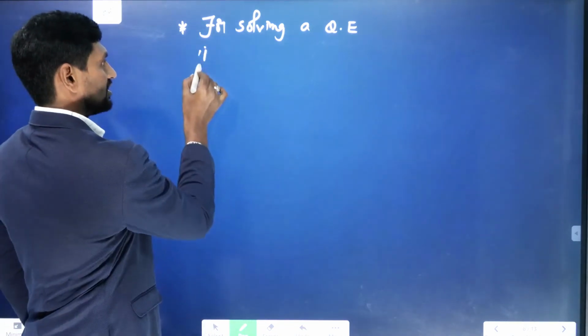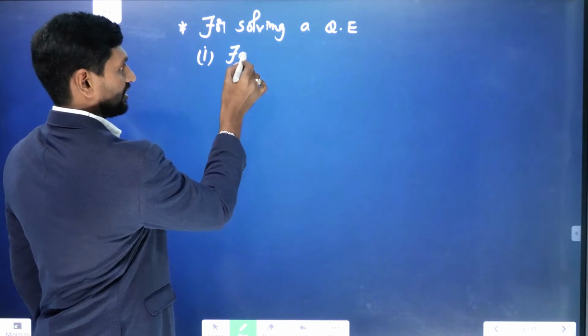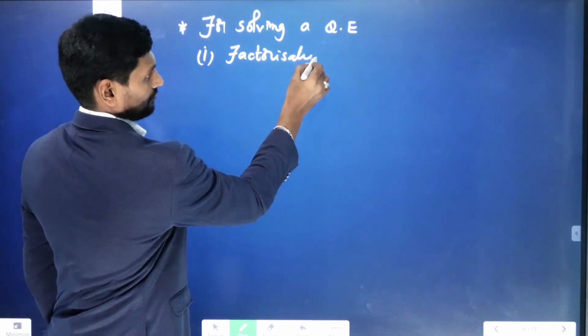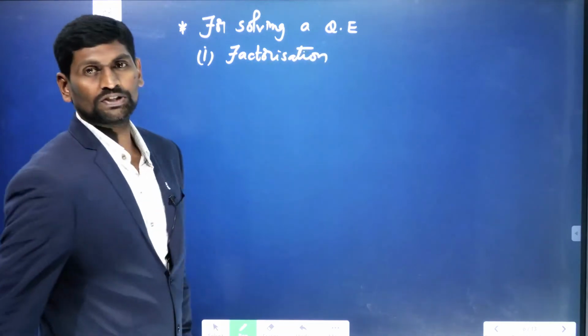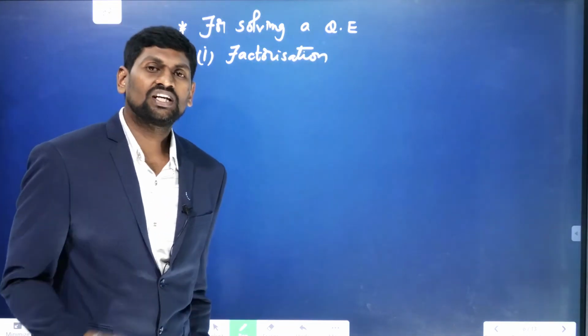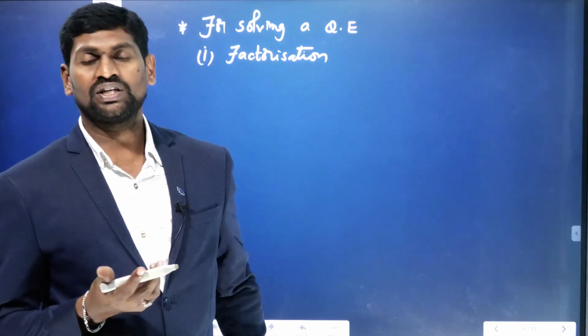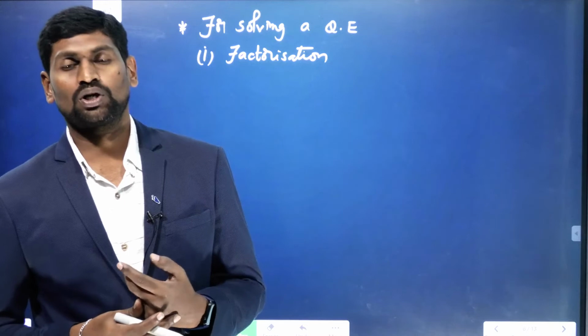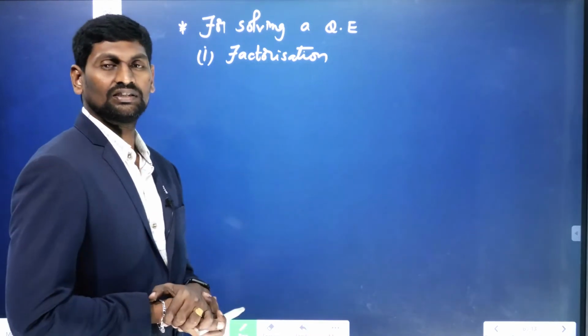First method is factorization. That means the given quadratic equation is written as product of its factors.